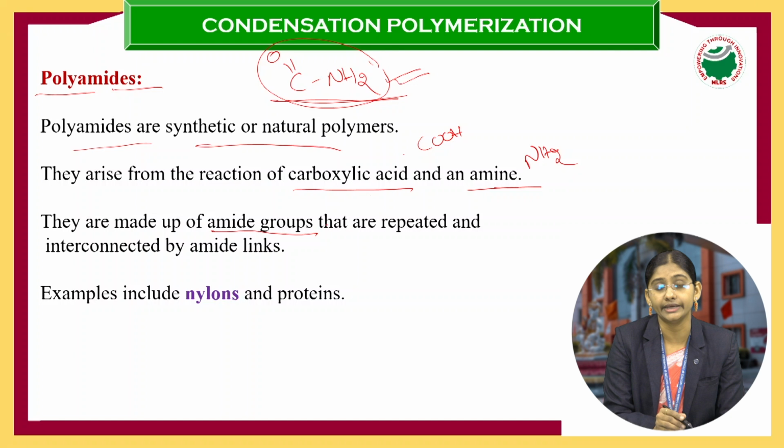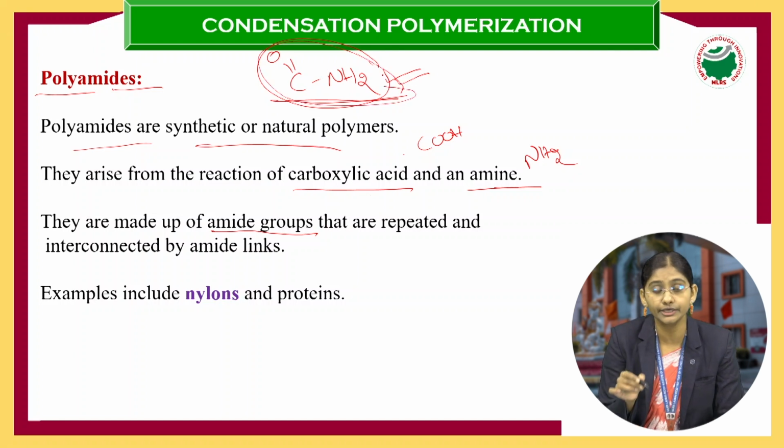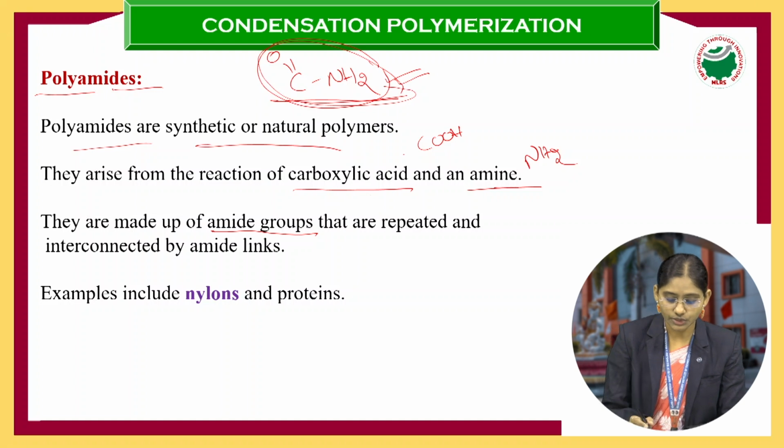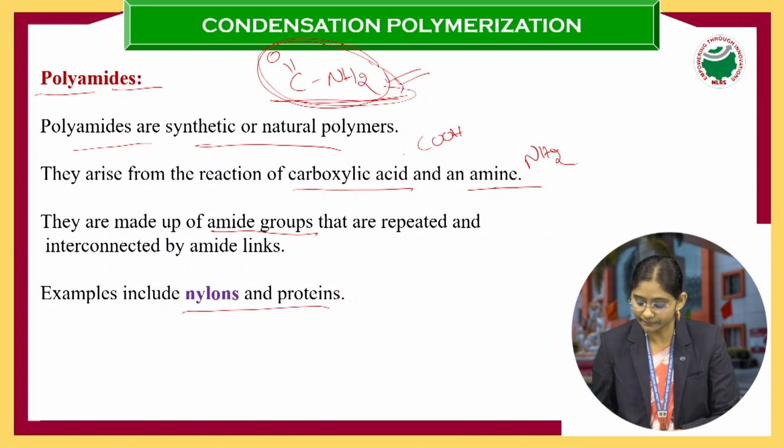In the polyamides, this amide group, CONH2, is repeated in the polymer chain. What is the repeating unit in this polyamide? You have to say that it is the amide group. That's why it is called a polyamide, and the examples are nylon and proteins.